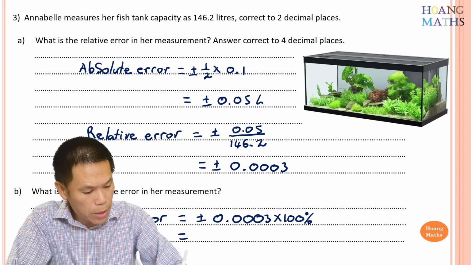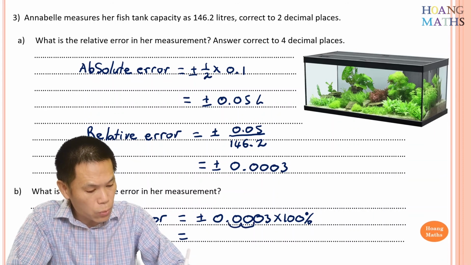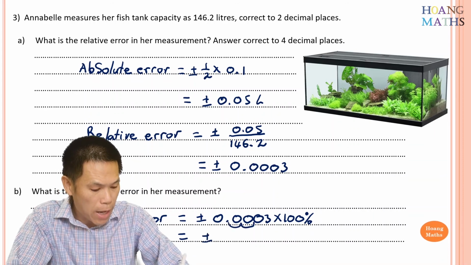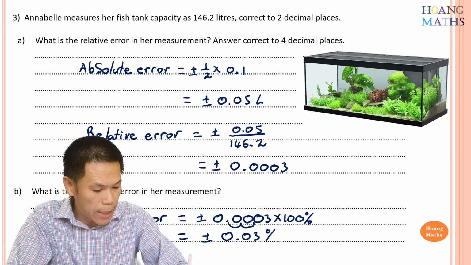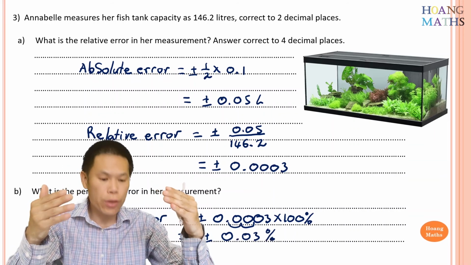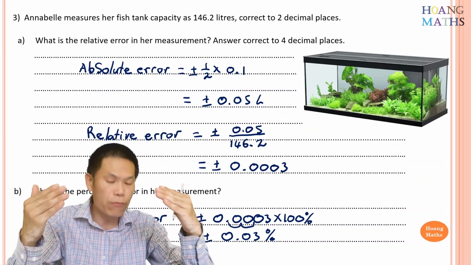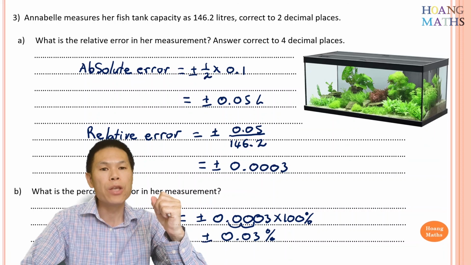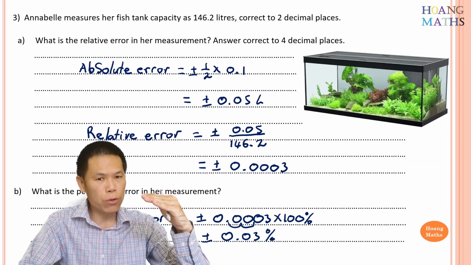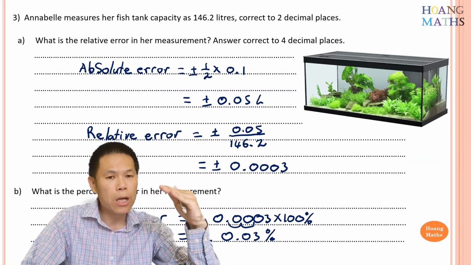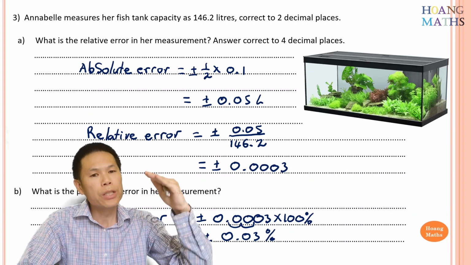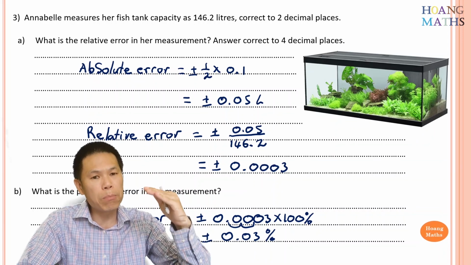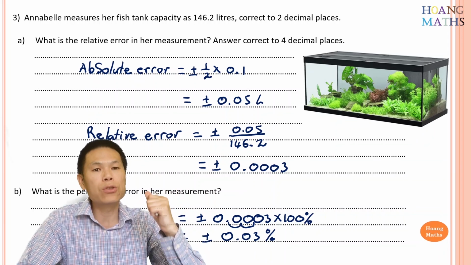That will give me, move 1, 2, plus or minus 0.03%. Therefore, the margin of error is very, very small, because it's just 0.03%. It's either 0.03% above the measurement, or 0.03% below the measurement. That's all it is.